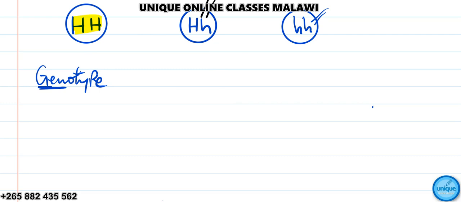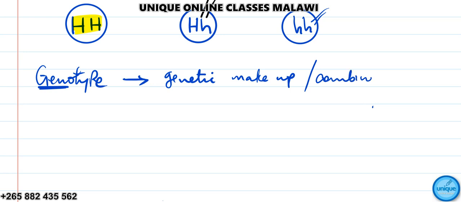You can see geno relates to gene. Genotype is the genetic makeup, that is, the combination of genes for a character.